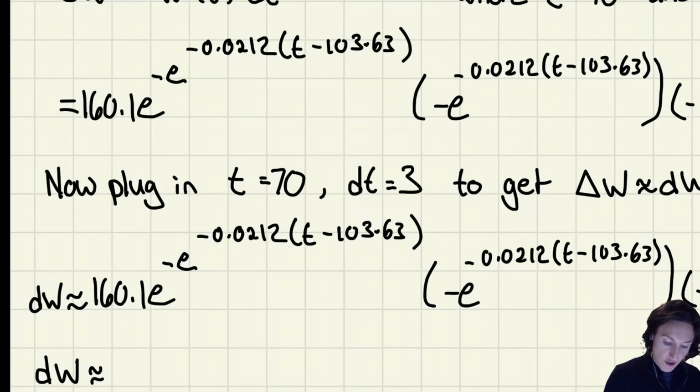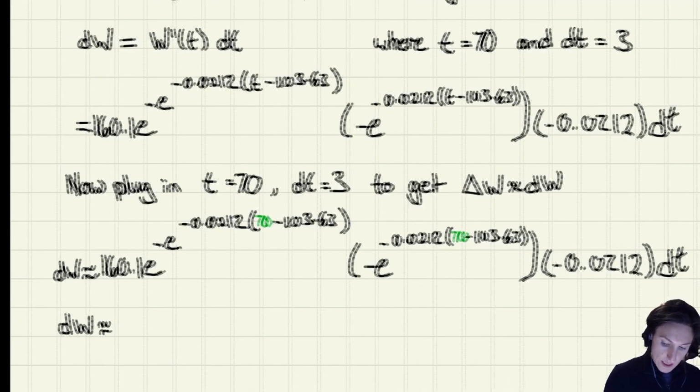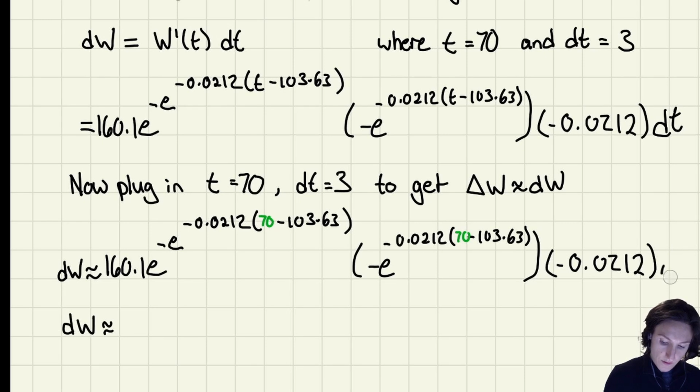We're going to change our t's to 70, so I have 70 here and 70 here, and my dt is 3, since I'm curious what happens after 3 days.